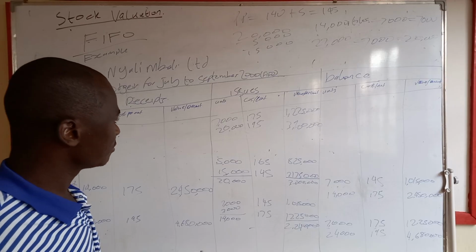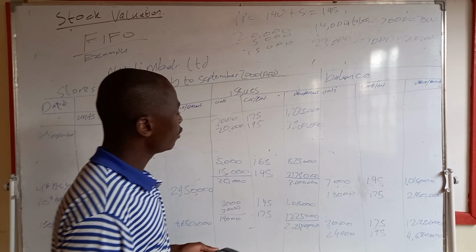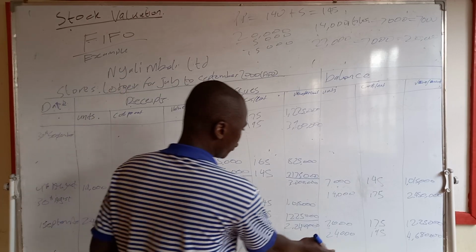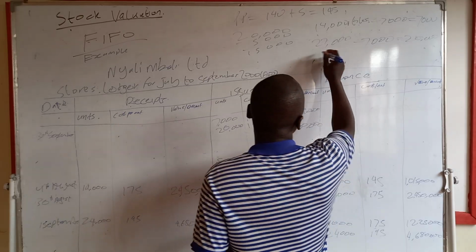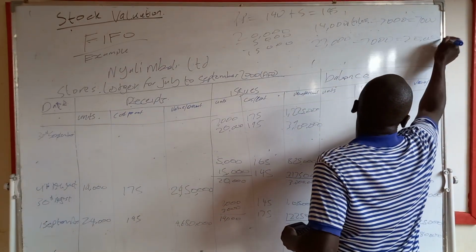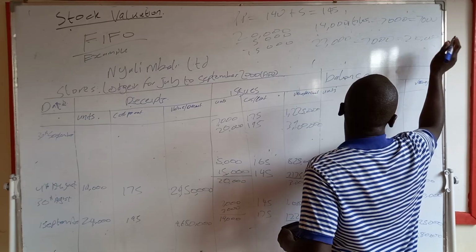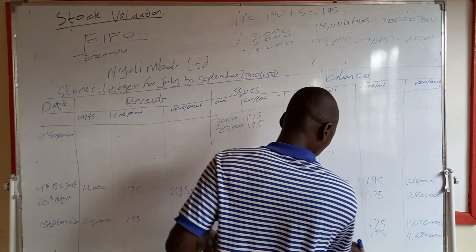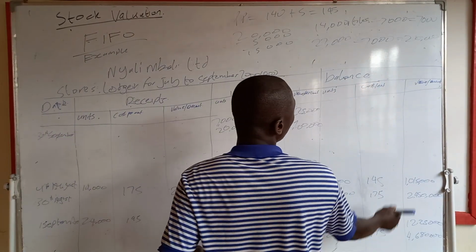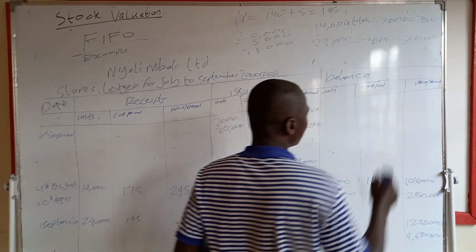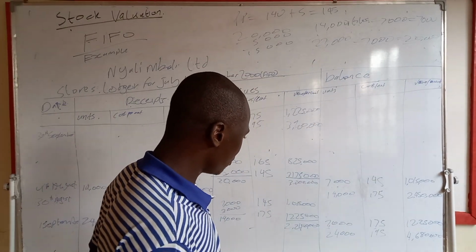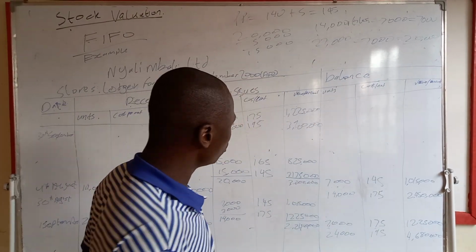The balance, therefore, is 4,000. Remember, from that 24,000, we issued 20,000.